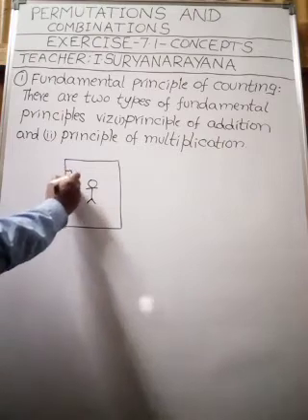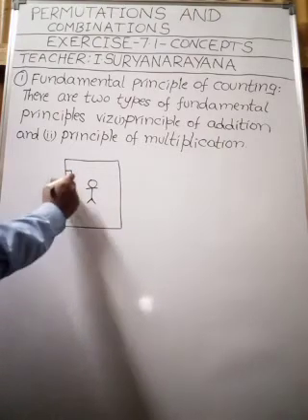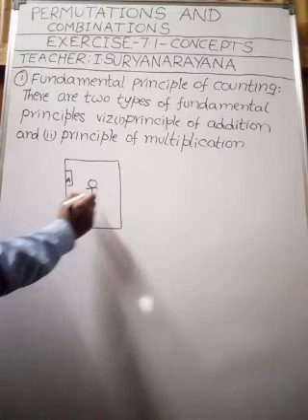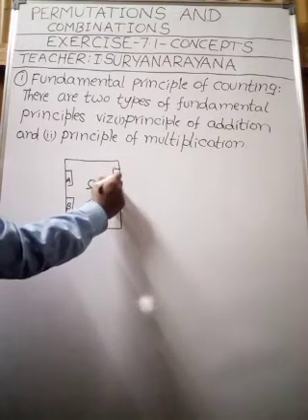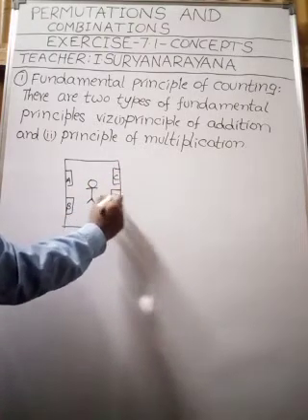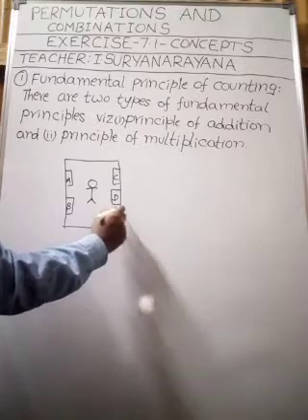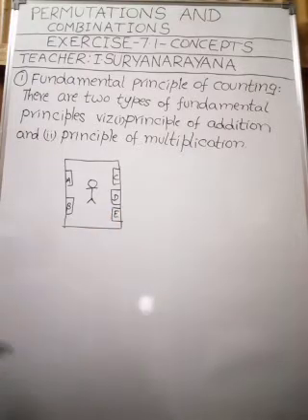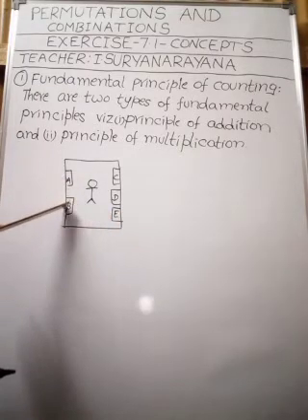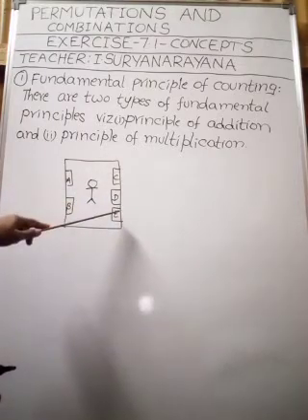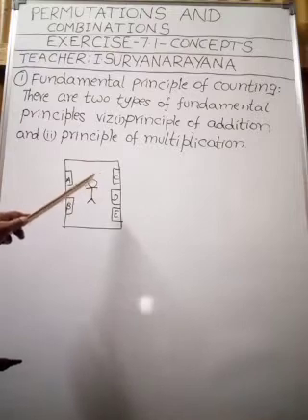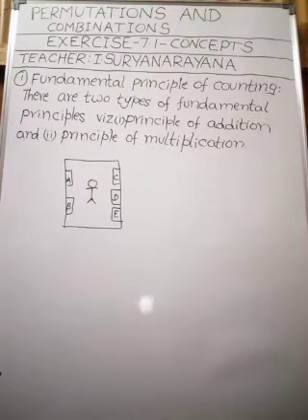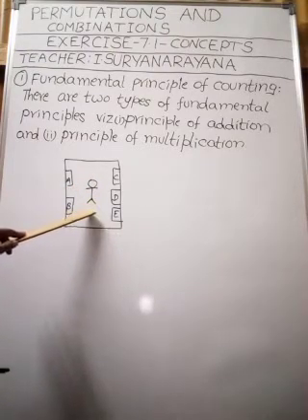Here there are doors: on the left side two doors and on the right side three doors to come out of the room. In how many ways can this person get out of the room?